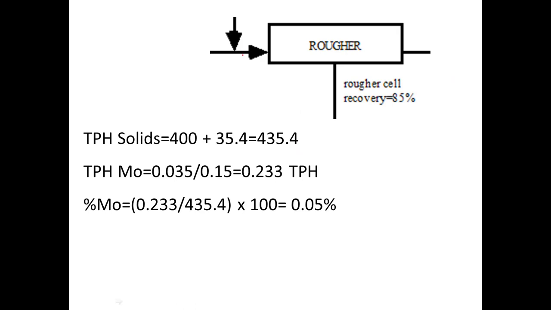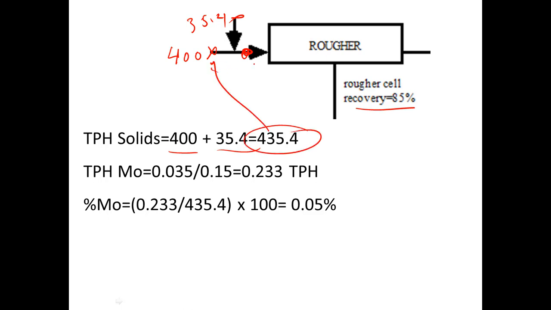So here's our rougher cell, and we're interested in this combined feed stream here, 85% recovery. The combined feed is total solids 400 in from the new feed, and that 35.4 ton per hour in the classifier overflow, giving us a total combined feed of 435.4 ton per hour solids.